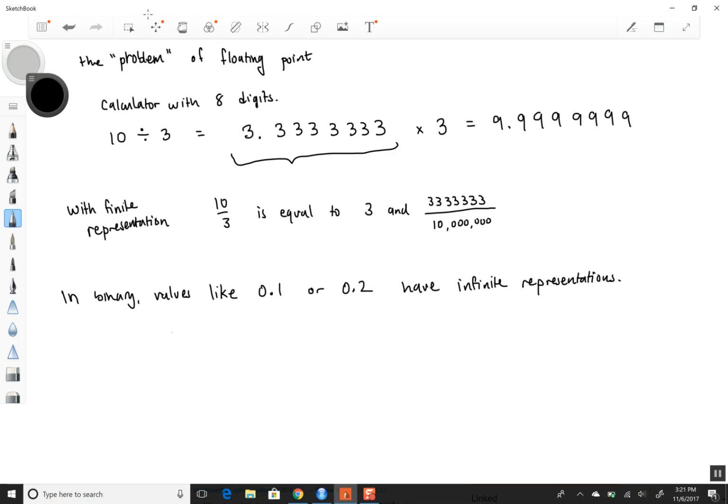They get truncated, and are not exactly equal to 0.1 or 0.2. So there you don't have an exact representation.